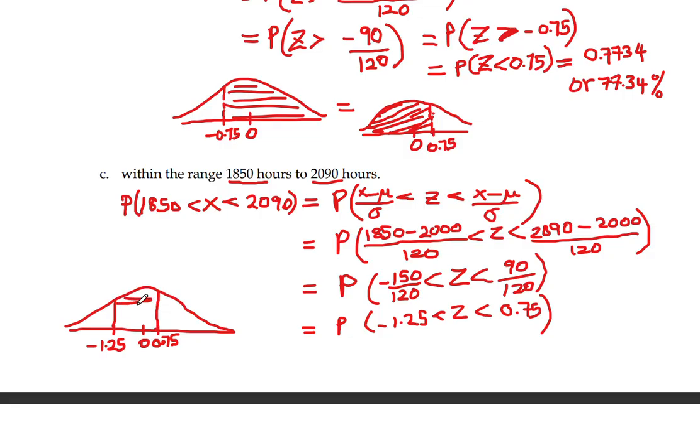And what we're interested in is this area that falls between these two values. Because recall that what we're trying to find from the simplified probability expression is the probability that z is greater than negative 1.25 but less than 0.75, and that is the area between negative 1.25 and 0.75.